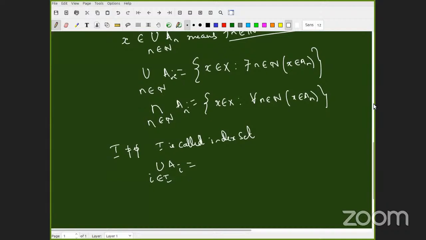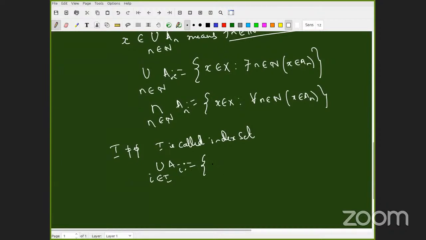Very good. Yeah. R7, Harini. Sir, union of Ai, which I have written already, colon equal to, that's our definition.